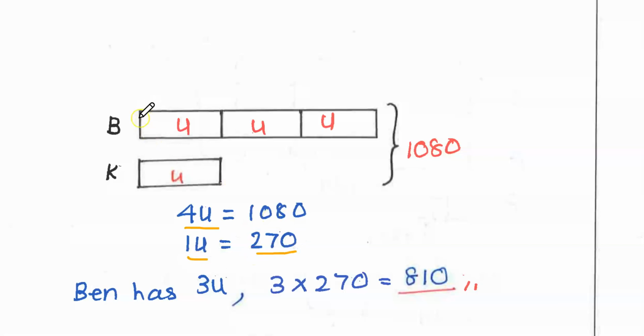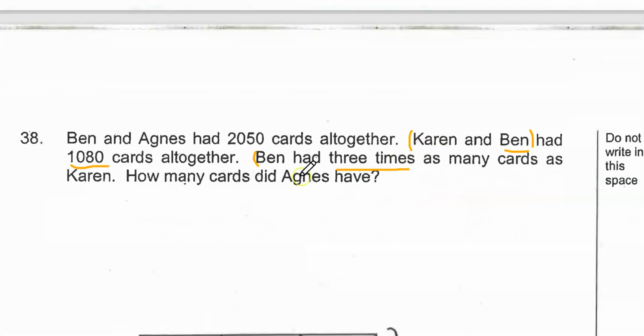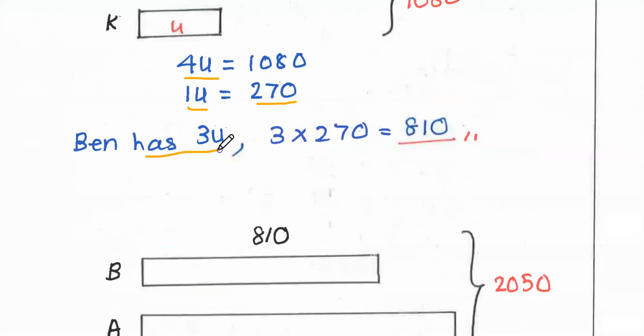So, find out how much Ben has first. If Ben and Agnes is 2050, what I need to do is find out how much Ben has. So Ben has 3U, which is 3 times 270, 810.